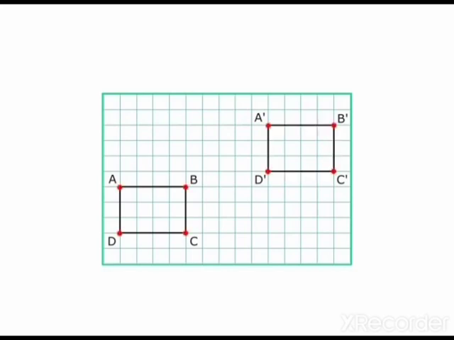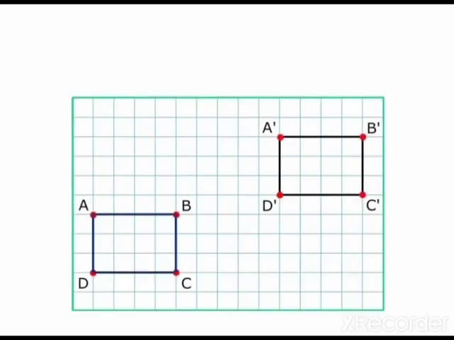Therefore, points on the object can be joined to corresponding points on the image by a set of straight lines which are equal and parallel. A translation is fully described by a vector because it has both magnitude and direction. In this example, each point was moved 9 places to the right and 4 places upwards, so the translation vector is (9, 4).